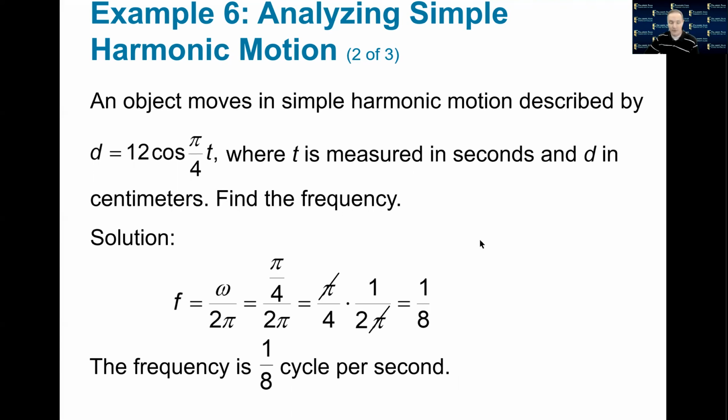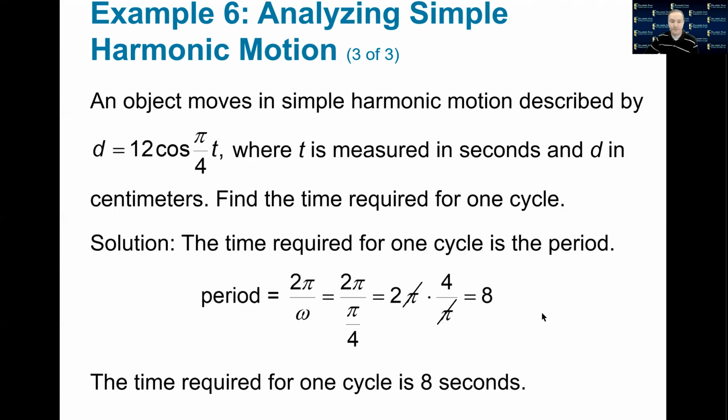So anytime you're asked for the frequency, just find the period, take its reciprocal. And so now I've answered that the maximum displacement is 12. We've answered the period is 8 by taking 2 pi divided by pi over 4. And then the reciprocal of the period gives us the frequency, which is 1/8 of a cycle every second. And that would be it for this problem.